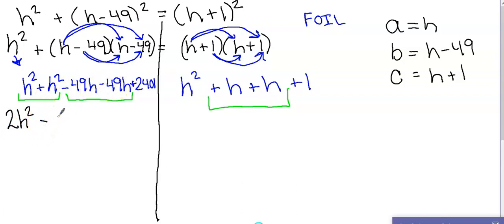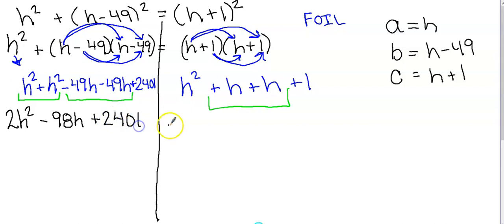We add those together and get negative 98H. And then that 2,401. Here on the right we have this H squared, and H plus H is 2H, plus 1.